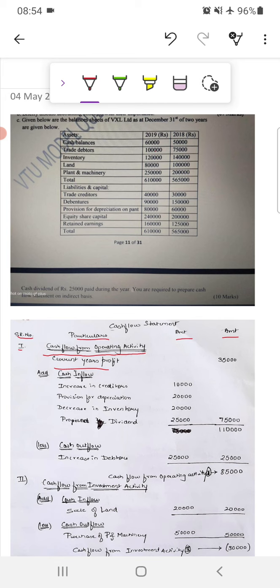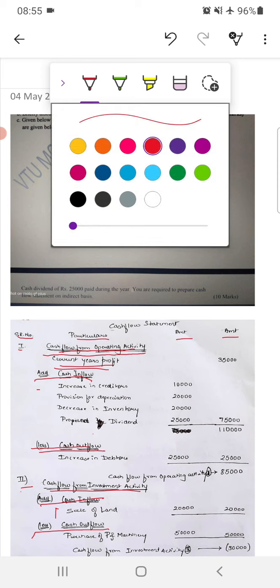Then write add cash inflow and leave some lines after that, and then less cash outflow, leave certain lines after that. Then go ahead with the second point, that is cash flow from investment activity. Then write down add cash inflows and leave some lines after this, and then write less cash outflows.